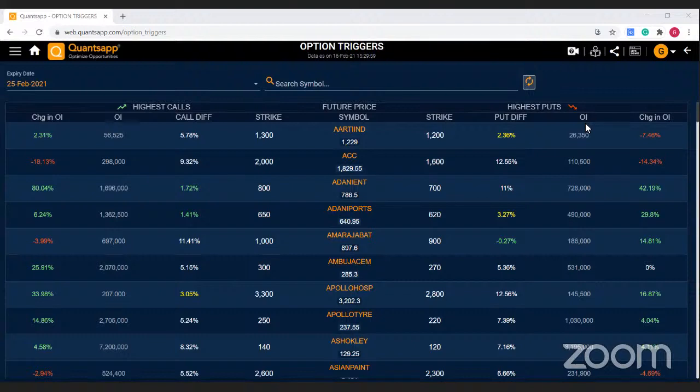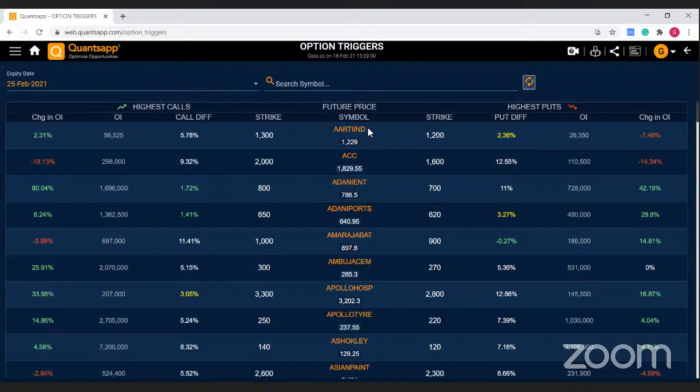So I can look from here and can see my option chain and can analyze for the further steps. On the left side you have the calls and on the right side you have the puts. Now if you notice, here is the highest call and the highest put, which means for all the F&O stocks, it's giving me the highest call and the highest put.